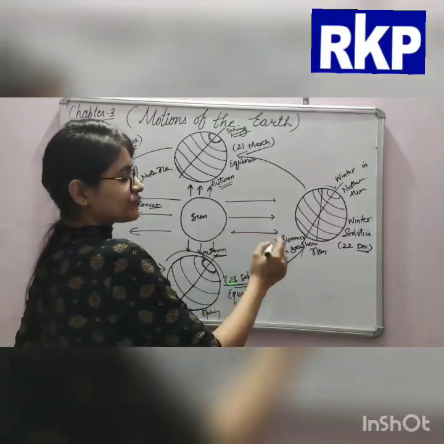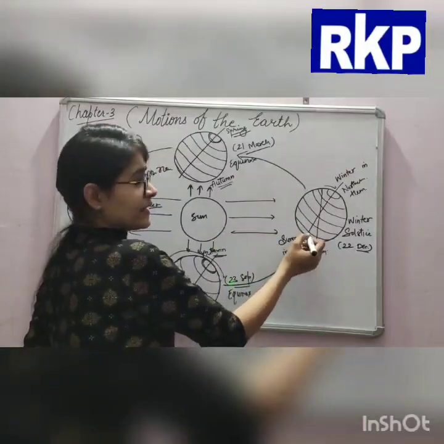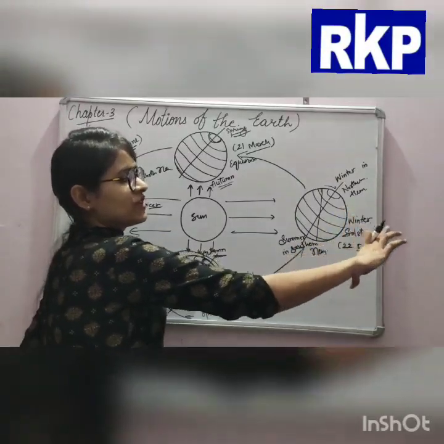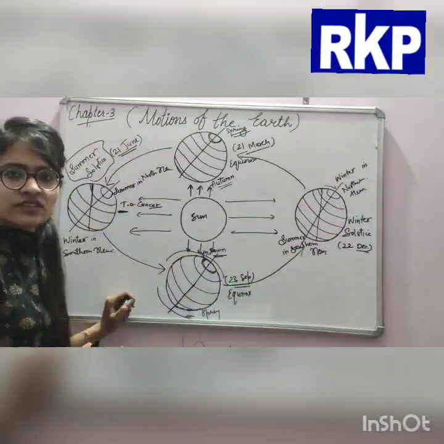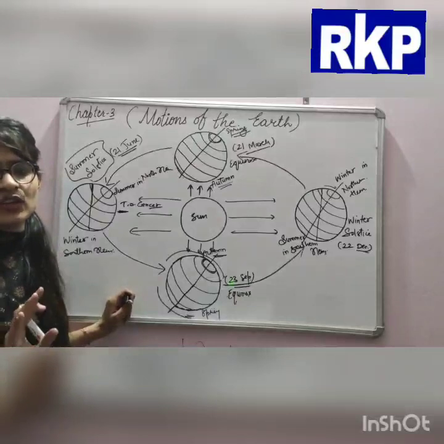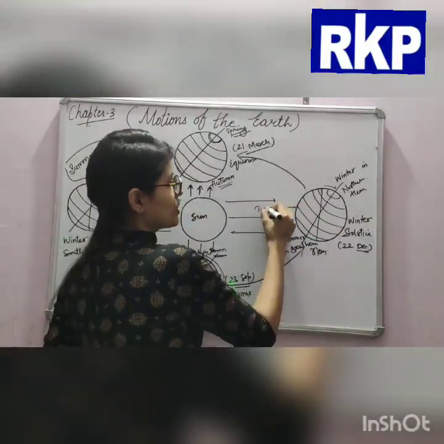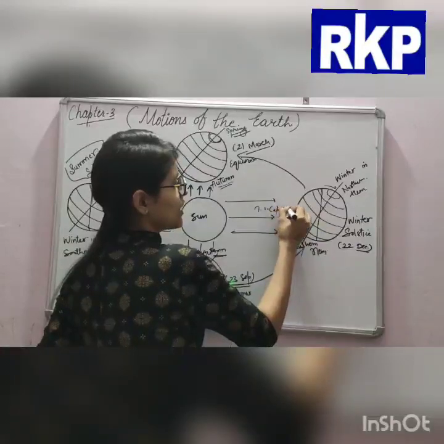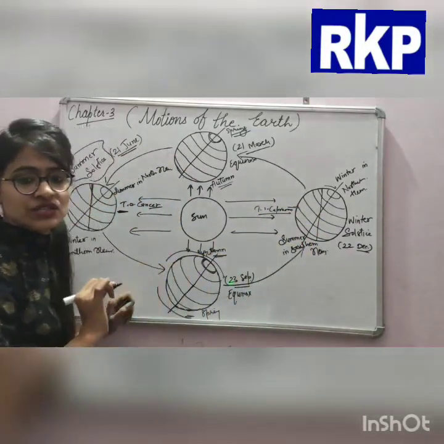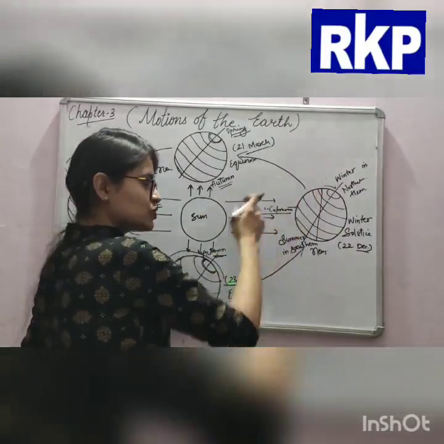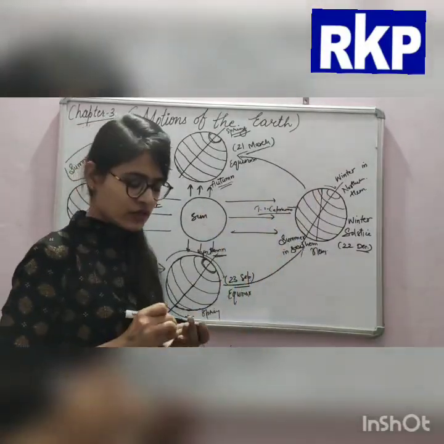In this, the southern hemisphere is tilted away from the sun. In winter solstice, the Tropic of Capricorn receives the direct sun rays, and that part experiences summer. So this position of the earth is called winter solstice.